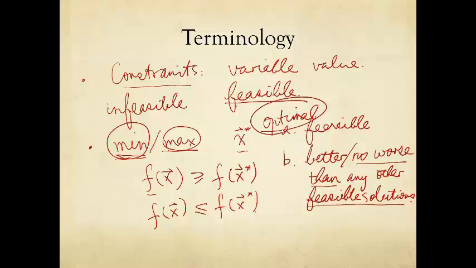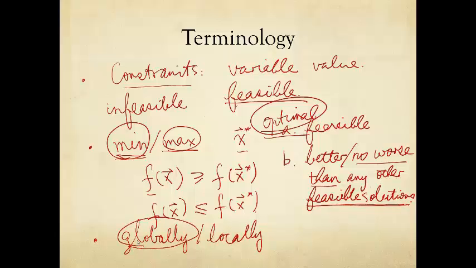As you can see, sometimes there's no optimal solution. Sometimes there's one, and sometimes there are many, in fact, an infinite number of optimal solutions. Later, we'll also try to make a differentiation between globally optimal versus locally optimal. The definition we just talked about, comparison with any other feasible solutions, is global optimality.